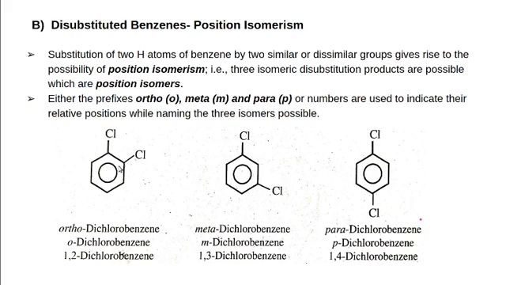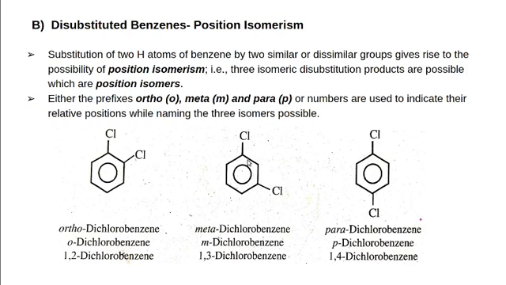If the substituents are on the 1 and 2 positions, it is the ortho isomer, or we can name it 1,2-dichlorobenzene. If the substituents are on the 1 and 3 positions, then it is meta-dichlorobenzene or m-dichlorobenzene or 1,3-dichlorobenzene.